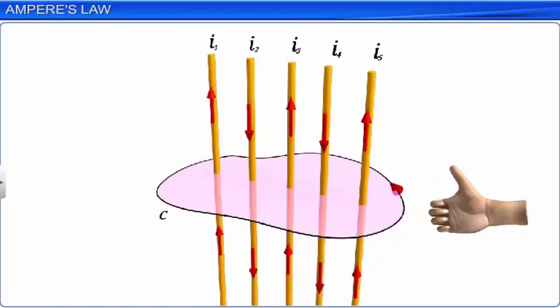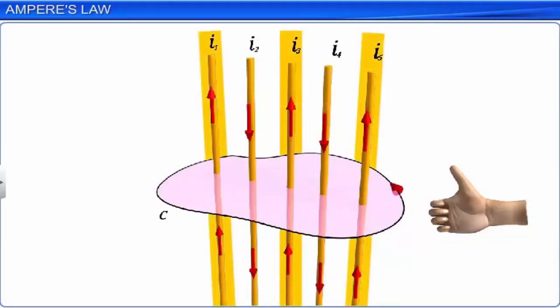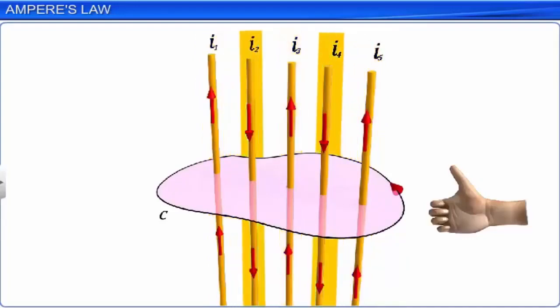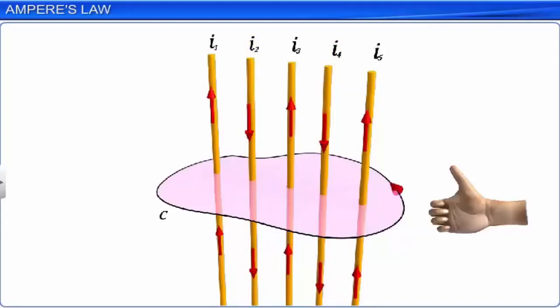Then, the currents along the direction of the stretched thumb are considered as positive, and the currents in the direction opposite to that of the stretched thumb are considered as negative. In this example, the currents I1, I3, and I5 are positive, and the currents I2 and I4 are negative.